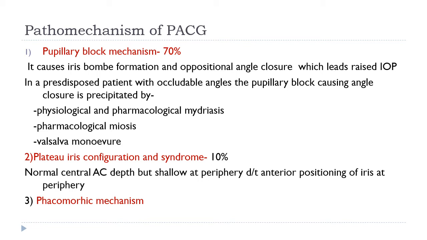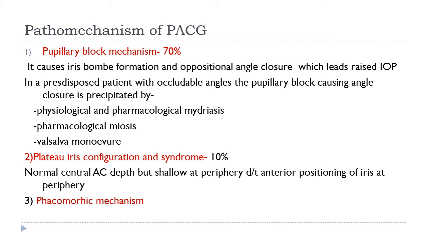The pupillary block mechanism. Normally, the pupillary margin freely moves over the lens during contraction and dilatation. So whenever there are adhesions between your pupillary margin and the anterior surface of the lens, what happens?